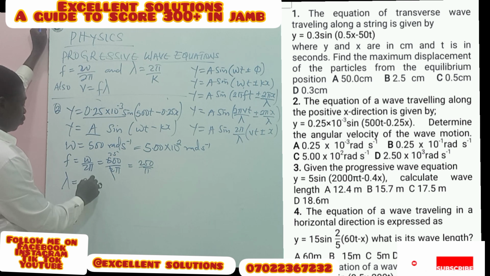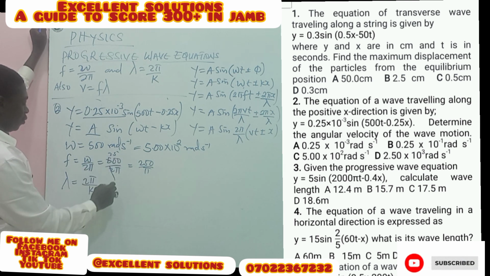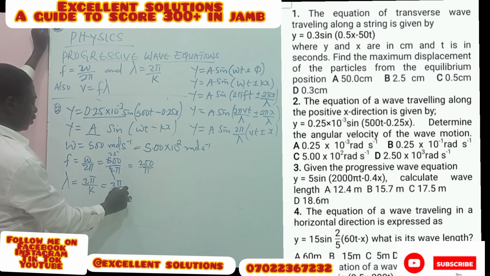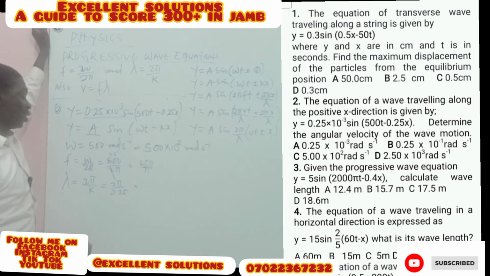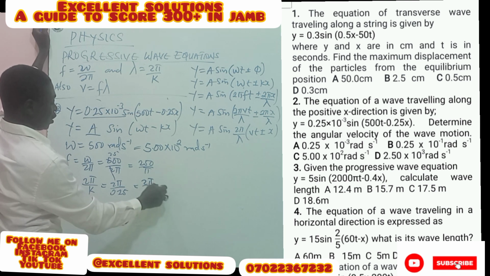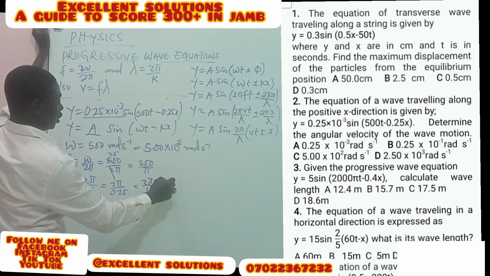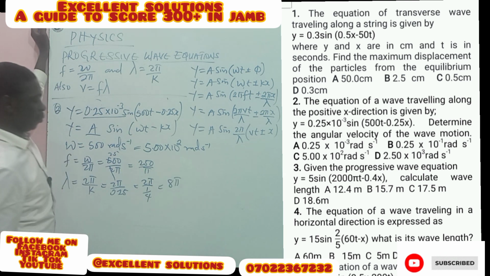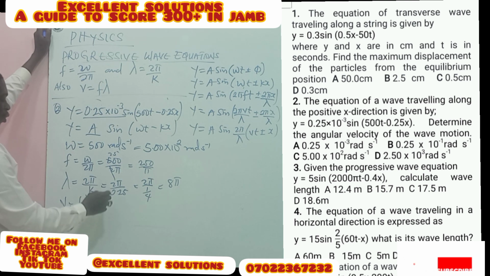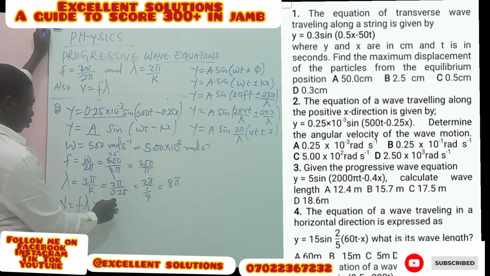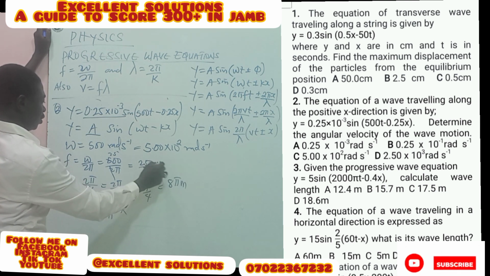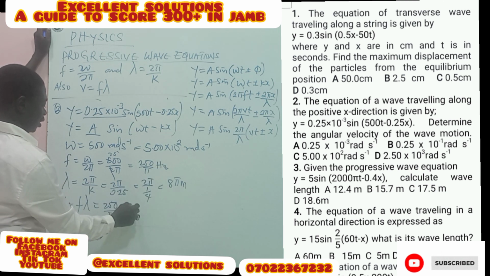Wavelength, lambda equals 2 pi upon k, and this now becomes 2 pi upon, our k is 0.25, and remember 0.25 is the same as 1 over 4, so this is the same as 2 pi over 1 over 4. This now becomes 8 pi. Our velocity v equals f lambda, so this now becomes 250 upon pi times the wavelength 8 pi.